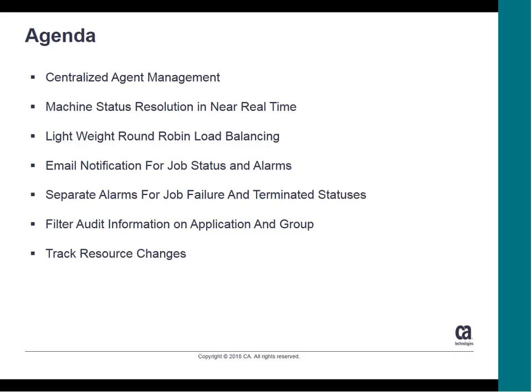And finally, some enhancements are made to the autotrack utility with respect to the way audit information is retrieved based on the application and group. So the user can now filter audit information based on application and group. And resource changes, we haven't had any auditing information on this until SP6.